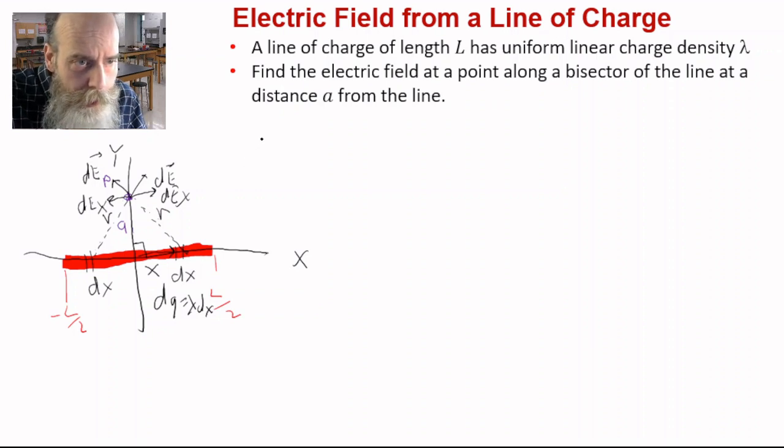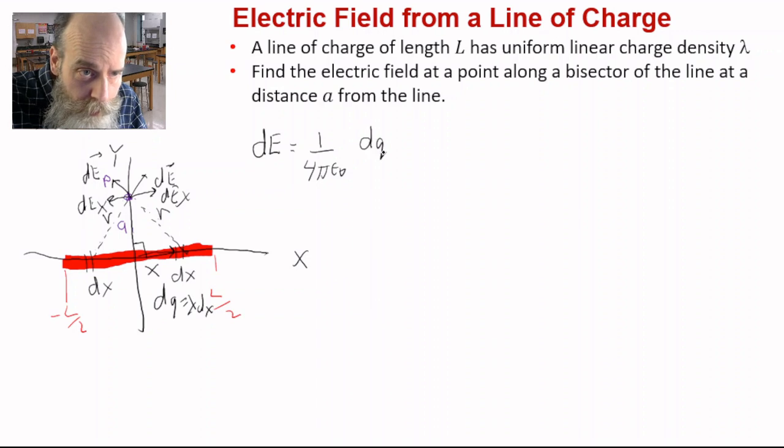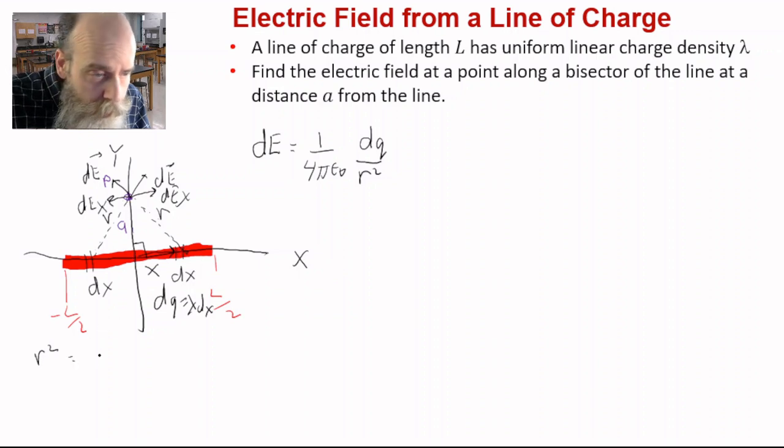Let us now write down the expression for dE. dE equals 1 over 4 pi epsilon 0 times dq over r squared. R squared is given by this right angle triangle. Just use Pythagorean theorem. R squared is a squared plus x squared.